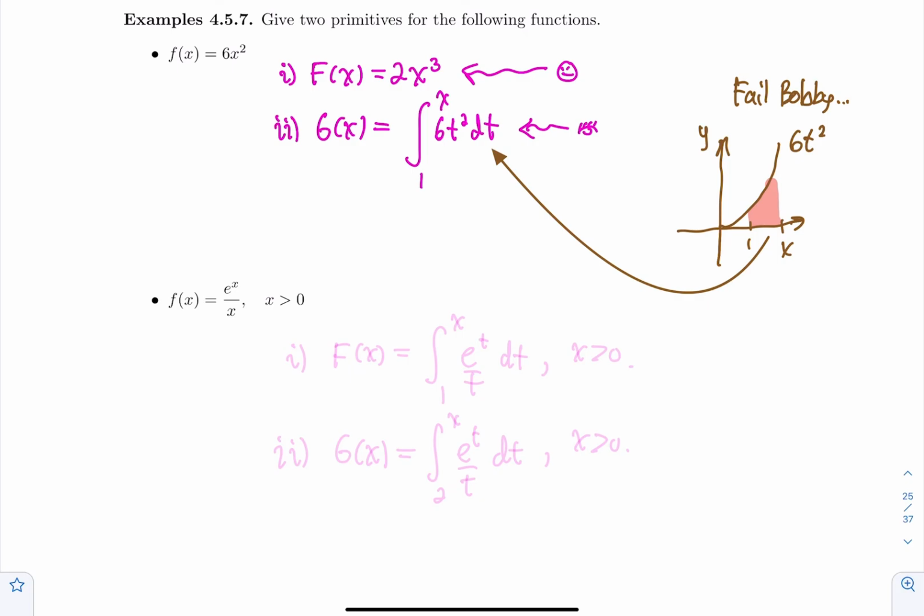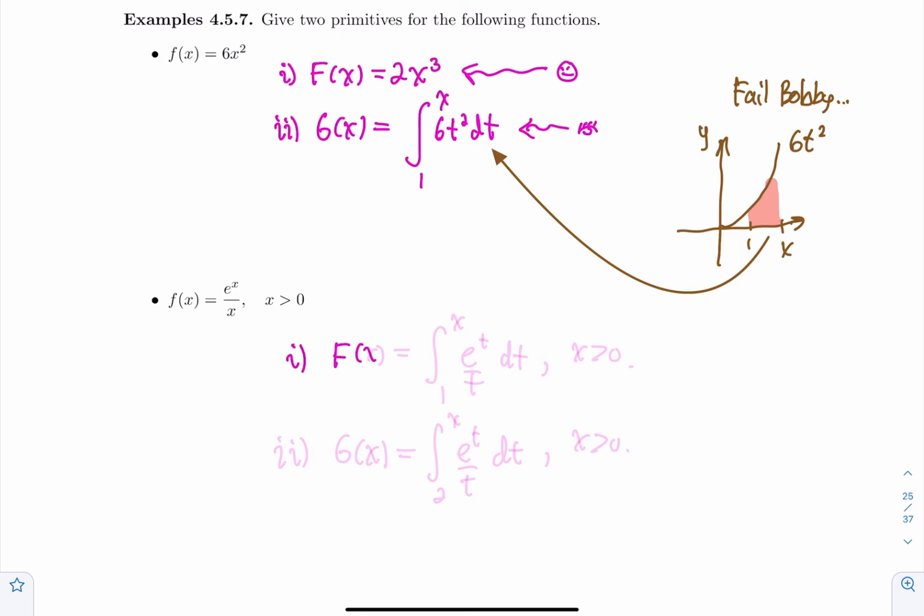It's one of those simple functions that do not have an explicit primitive. But e^x over x, because it's defined everywhere but 0, is an example of a continuous function. So we know there's a primitive, but here we have no choice. We need to write it down using a surface function. Here are two examples of surface functions.